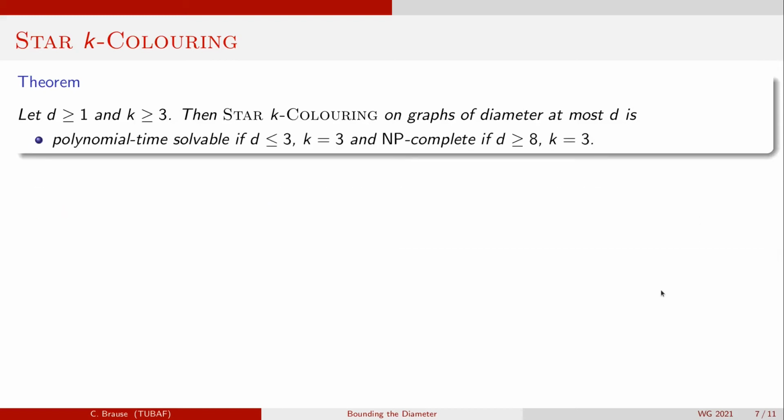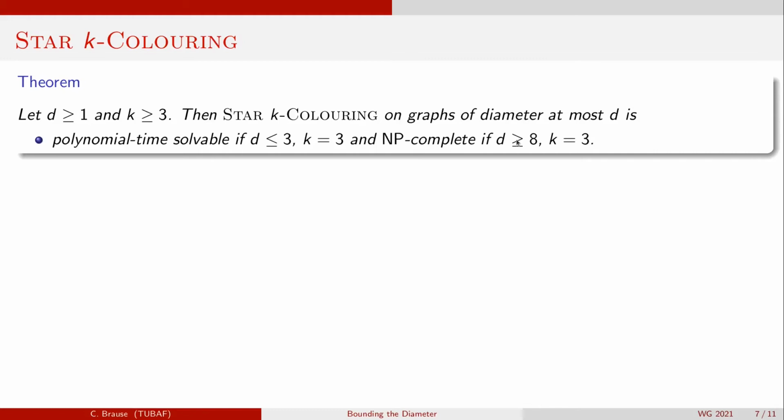That means we can focus on star 3 coloring, and here we find that indeed our open case for the acyclic K coloring problem becomes now polynomial time solvable if we consider star 3 coloring, and we also obtain that the star 3 coloring problem remains NP-complete if we restrict the input to graphs of diameter at most 8.